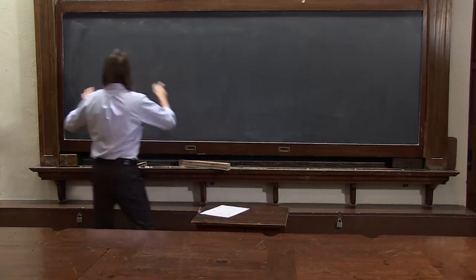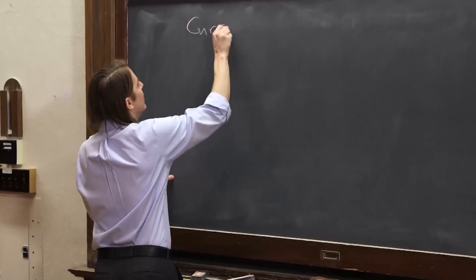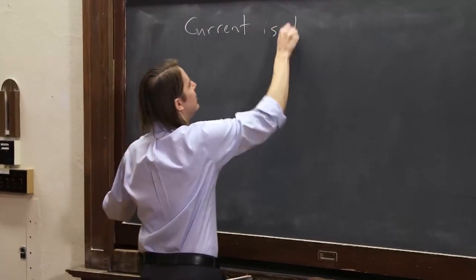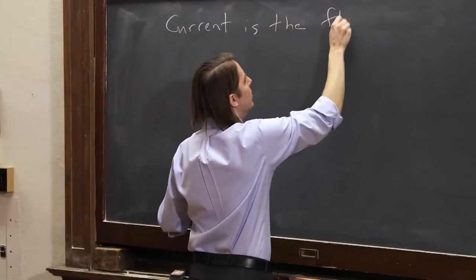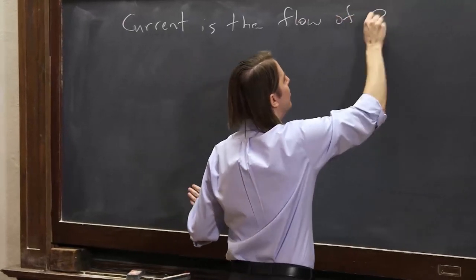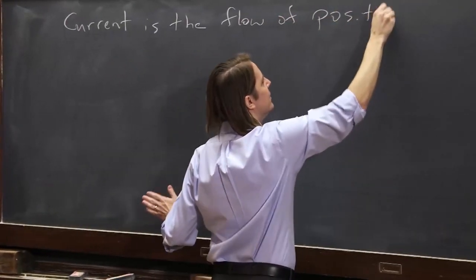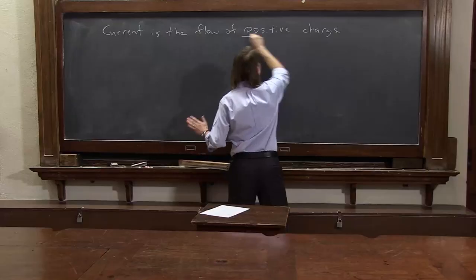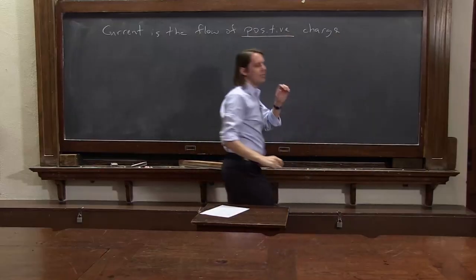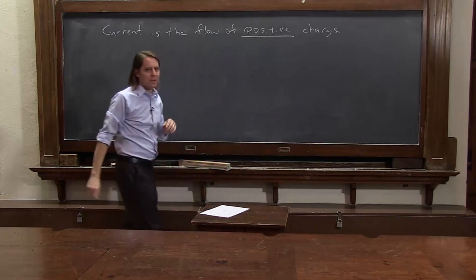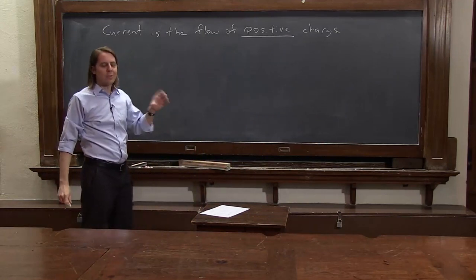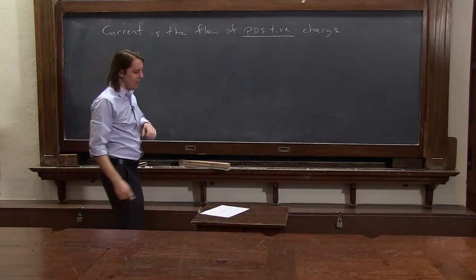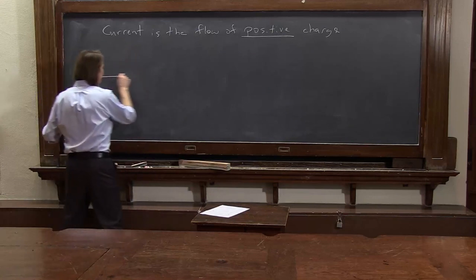One thing you must remember is current is the flow of positive charge. And almost all the currents you will think about in the real world are going to be electron flow in a metal wire. So let's look at a metal wire and make this very clear.